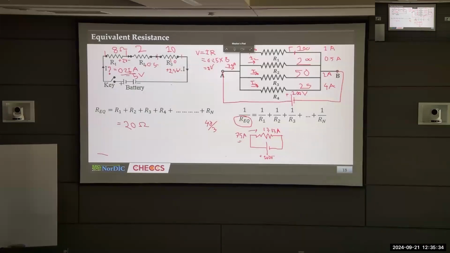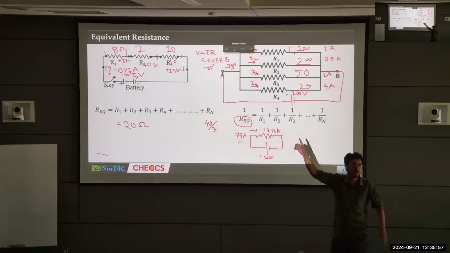So as we have seen, the current is basically divided in this parallel assembly. Let's come to the series assembly that I previously discussed. Here, the same current is flowing, right? 0.25 amp current is flowing through all of these 3 resistors. But instead of current being divided, here the voltage is being divided.